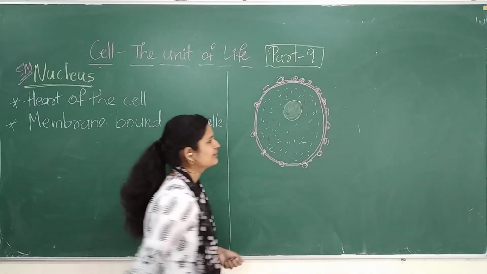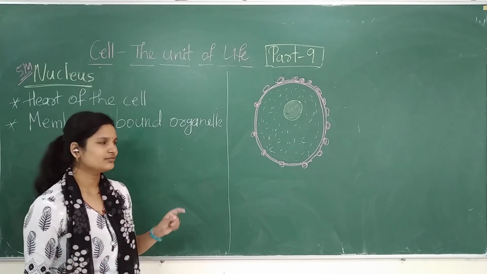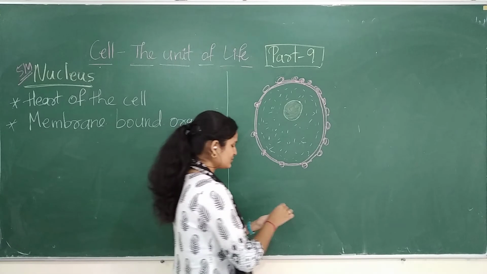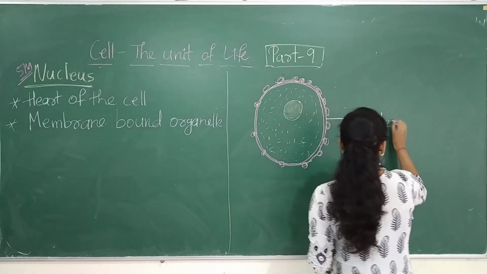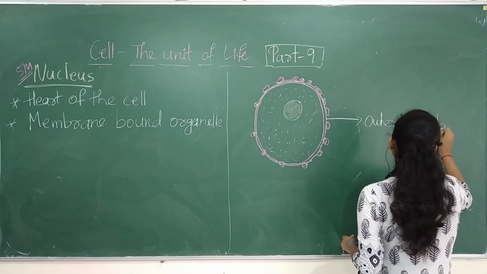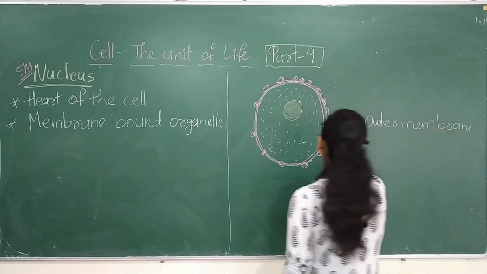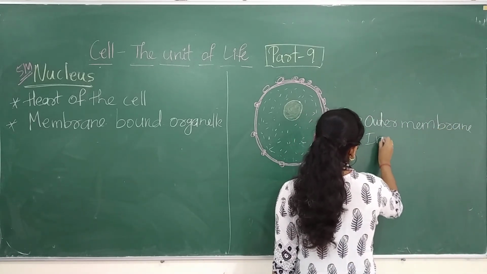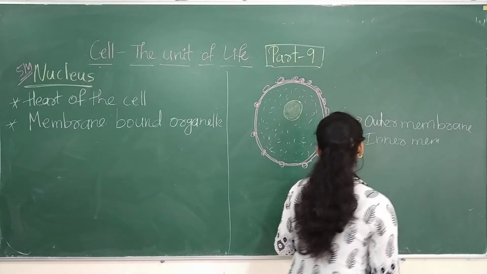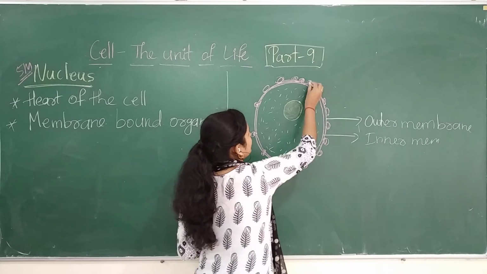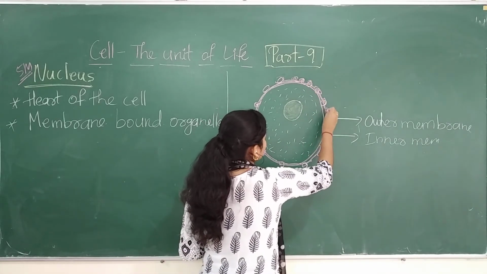You should be having an idea what cytoplasm is and where it is present, we will study that. So this one will be the outer membrane. When we say membrane-bound, there should be two layers, and this one will be the inner membrane. Bimembrane we call it. So these kind of structures. Very good. This is the nuclear pore.